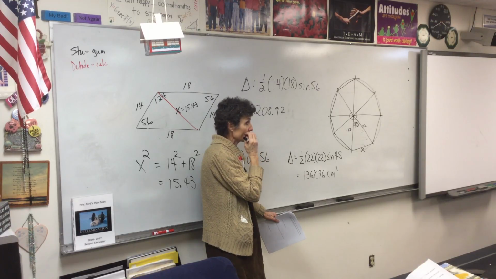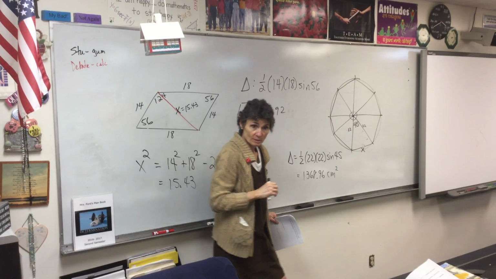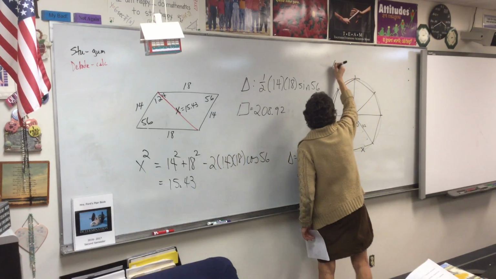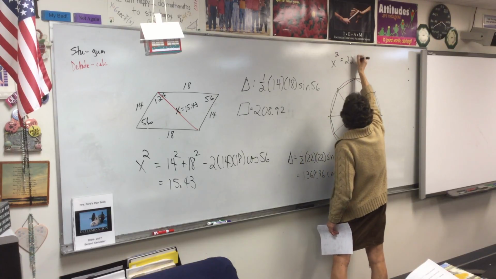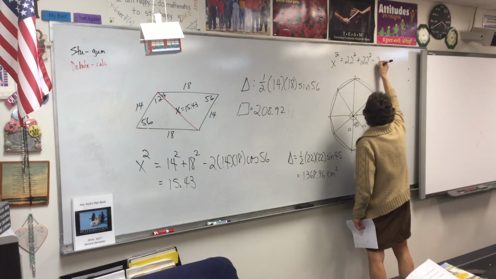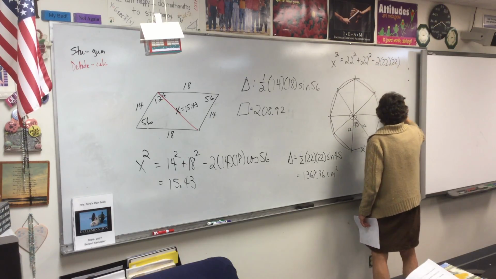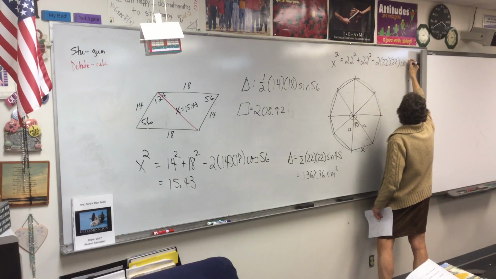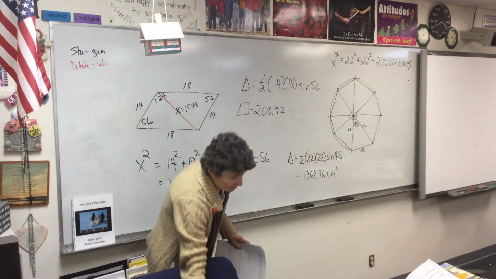I don't think I do. So this is gonna be another law of cosines. X squared equals what? 22 squared plus 22 squared minus 2 times 22 times 22 cosine 45.